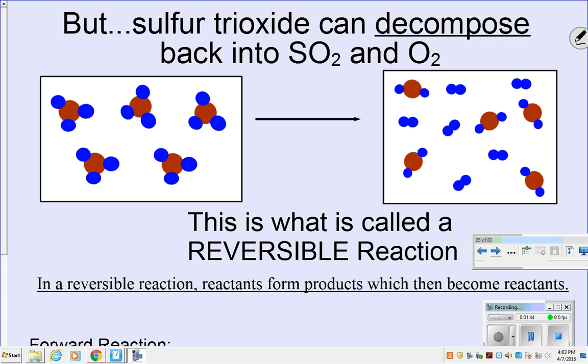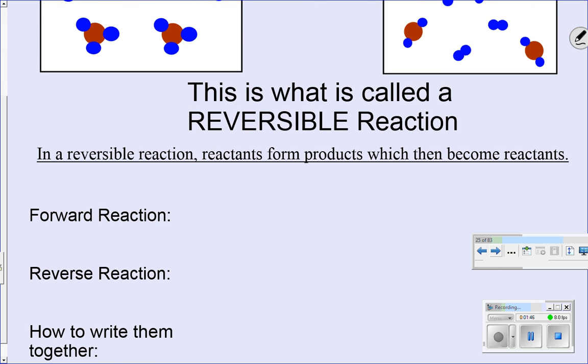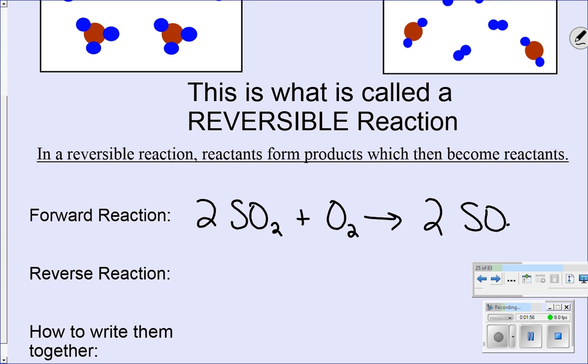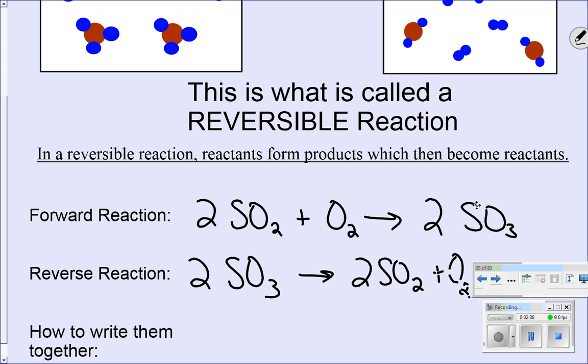In this case, we have a forward and a reverse reaction occurring. So my forward reaction again is my SO2s plus my O2s making SO3s. My reverse reaction is the decomposition of that SO3 into SO2s and O2s.